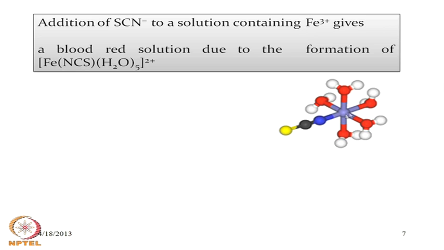So, if this is the octahedral geometry around the iron, initially all of these are water molecules, and all water molecules are still there except the one where one water molecule is substituted by this thiocyanate group. So, we have this thiocyanate color change, from light yellow to blood red solution.